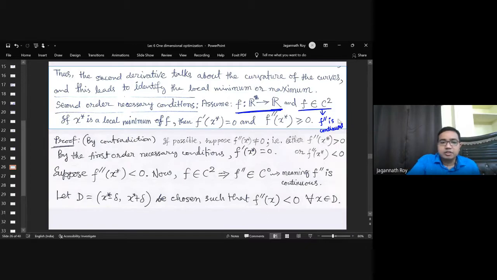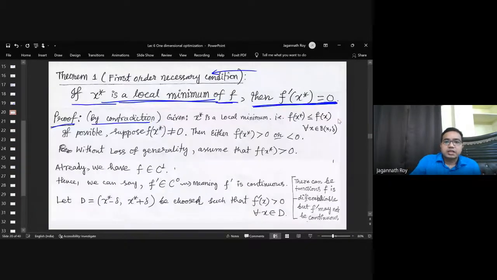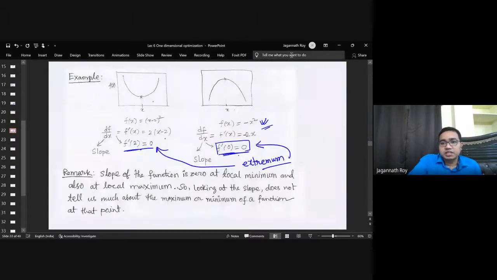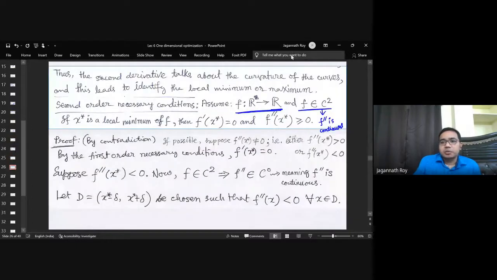Remember, for the first order necessary condition, we have considered only the first derivative. We have not talked about the second derivative. So for that, we need some extra conditions. The extra condition is that the function should have a second derivative, and the second derivative must be continuous.